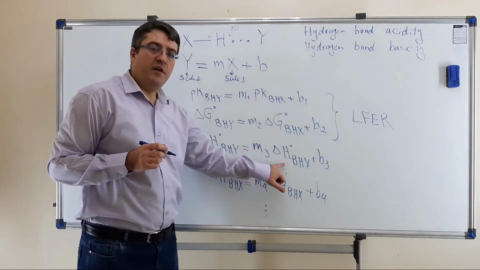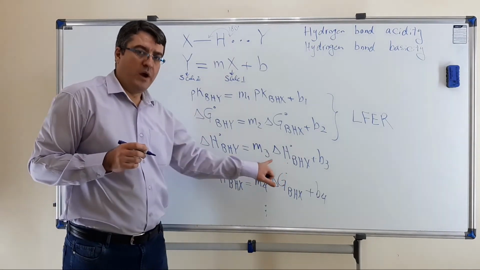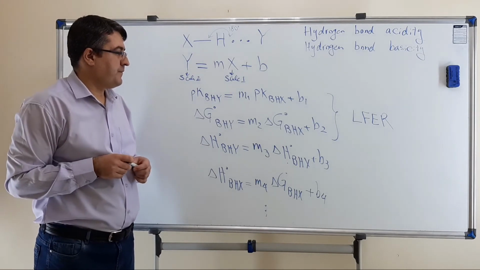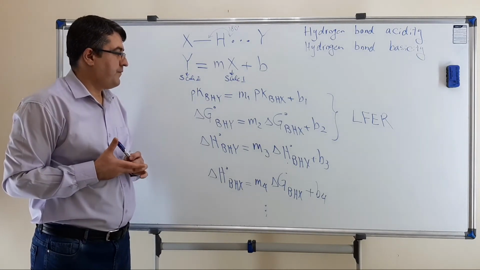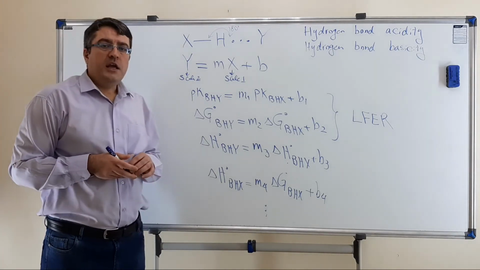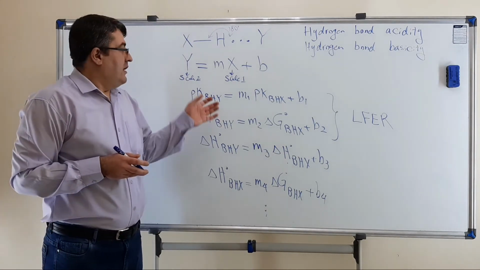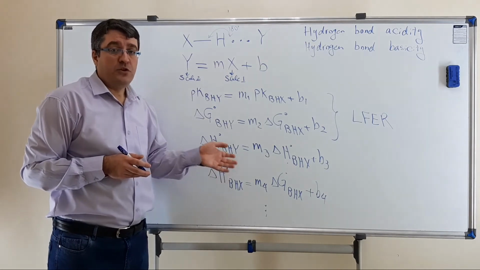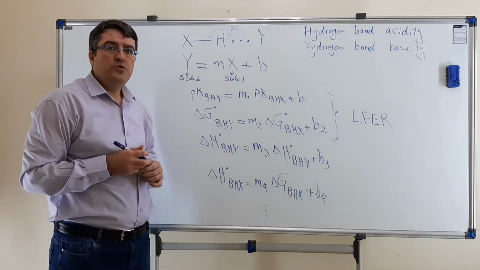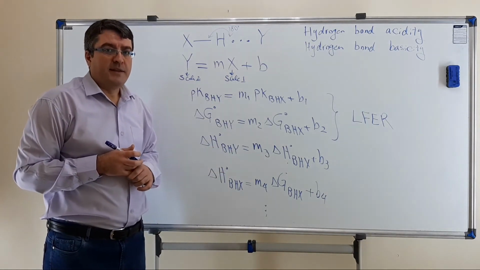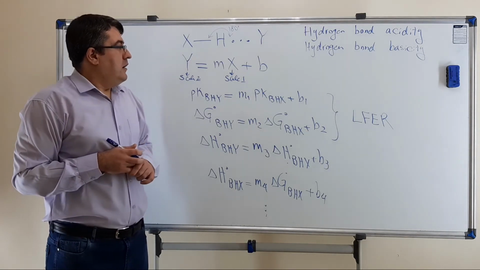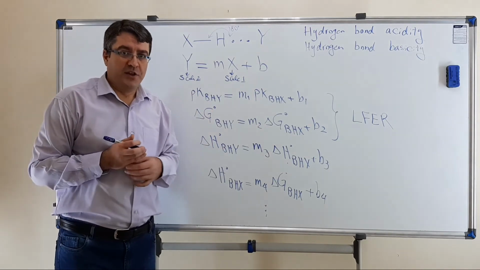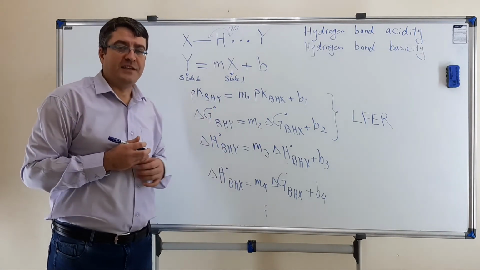This is an example of a linear enthalpy equation. If we can find linear relationships such as these between two scales by using statistical methods, we can claim that the two scales are consistent with each other, or correlated with each other.